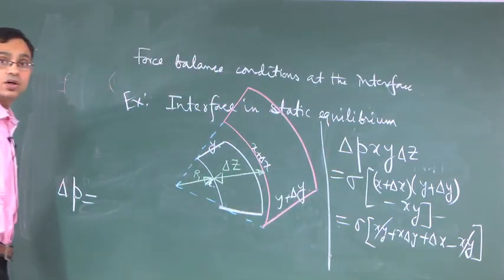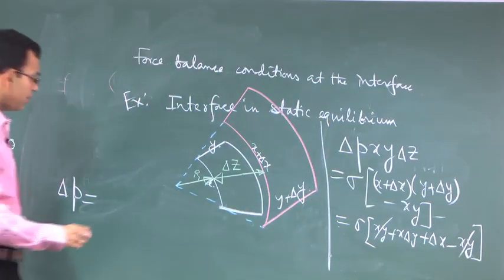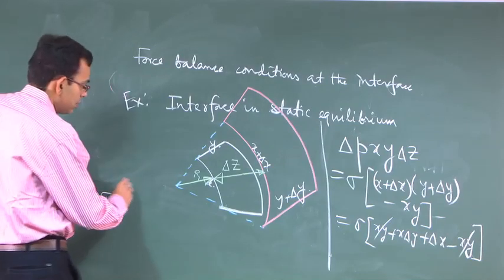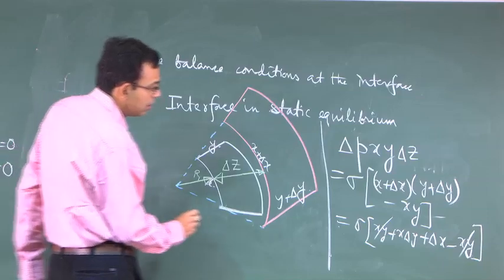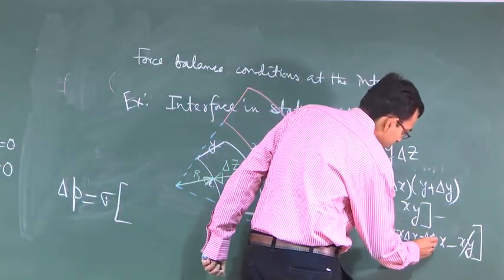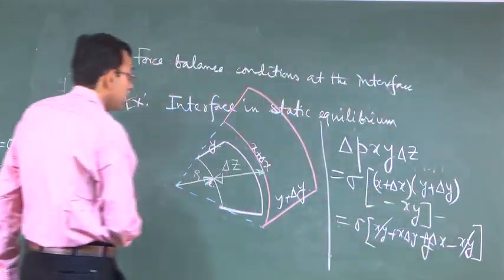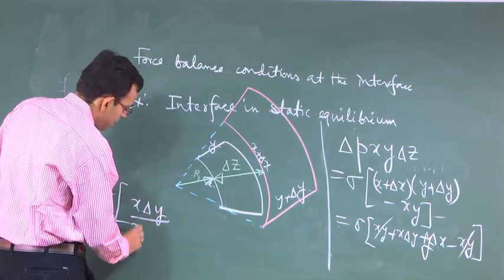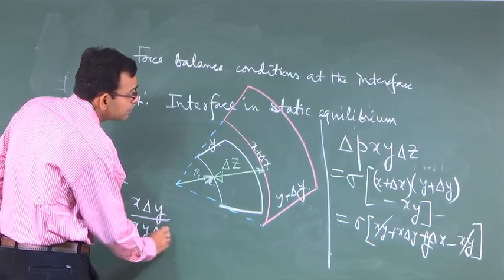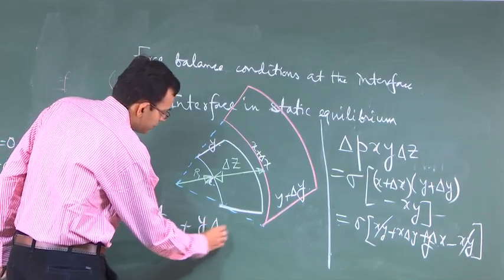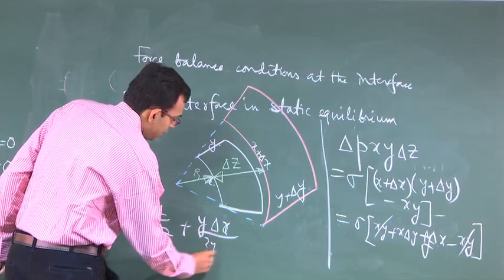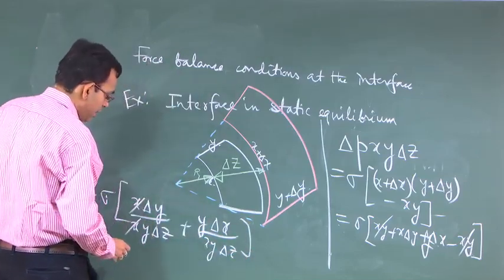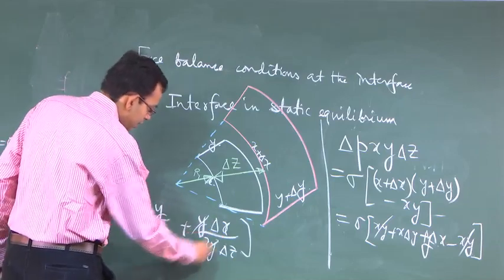So, delta P is equal to sigma into y delta x by x y delta z plus x delta y by x y delta z. So, here x cancels and here y cancels.